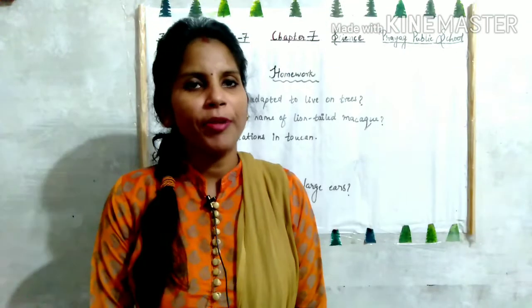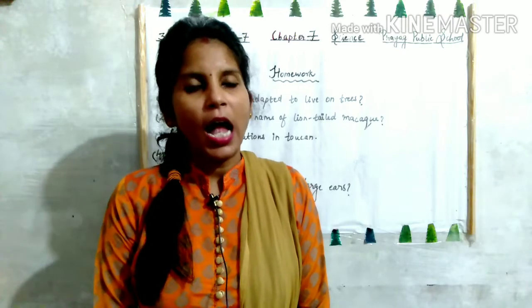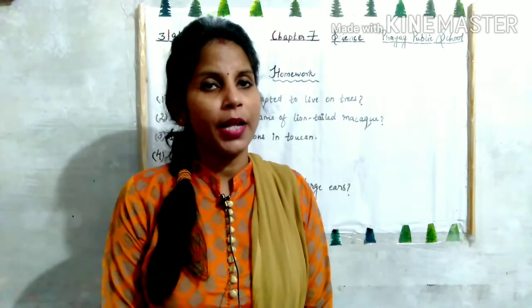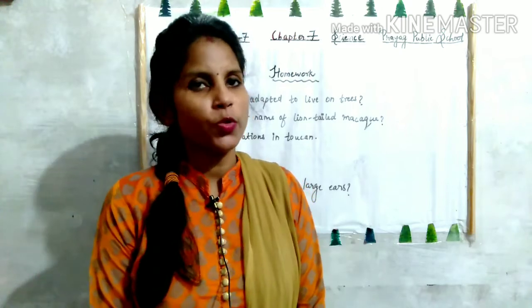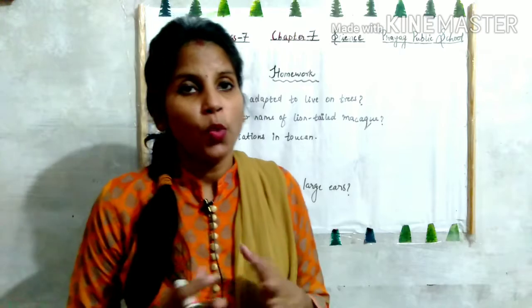Okay. So children, that's all for today. Now our chapter is completed. I have covered all the topics and I hope you all have understood the chapter very well. Okay. So today what we have learned?